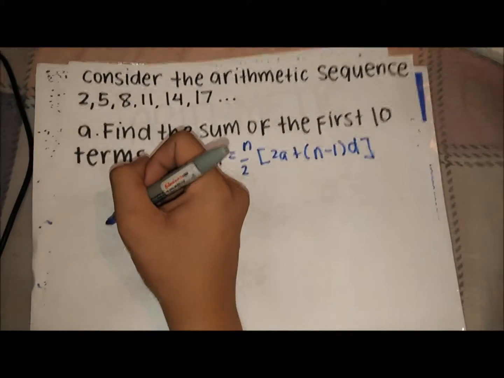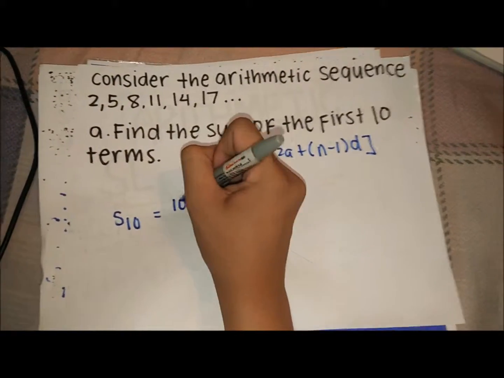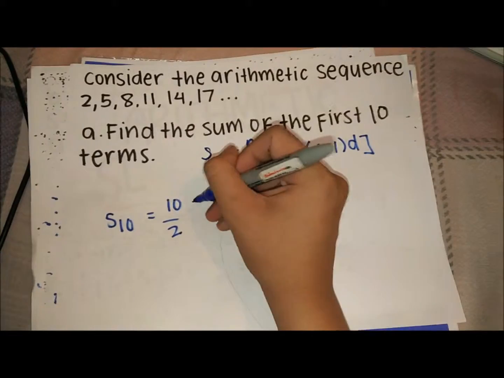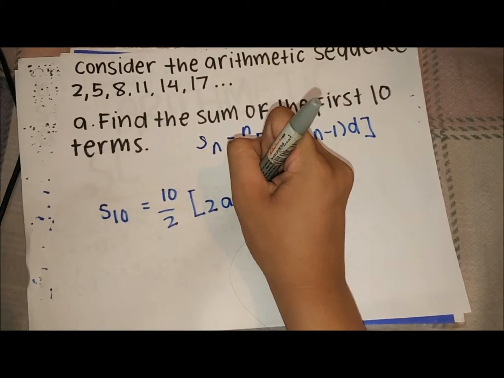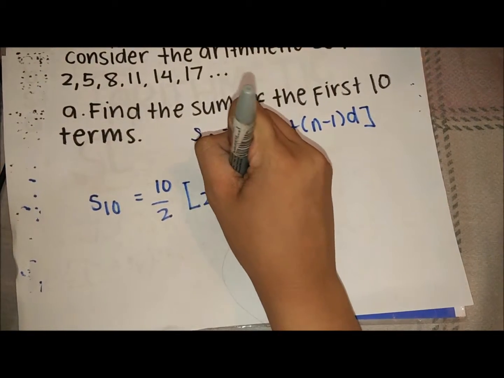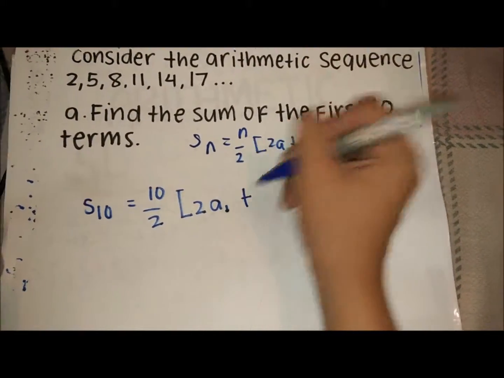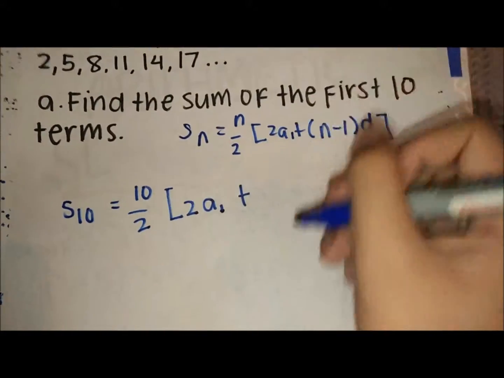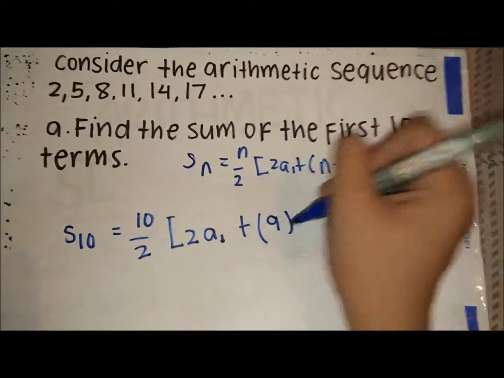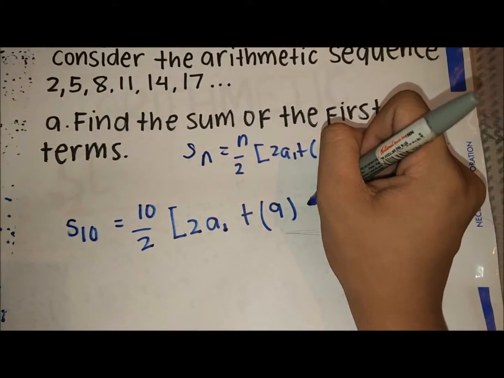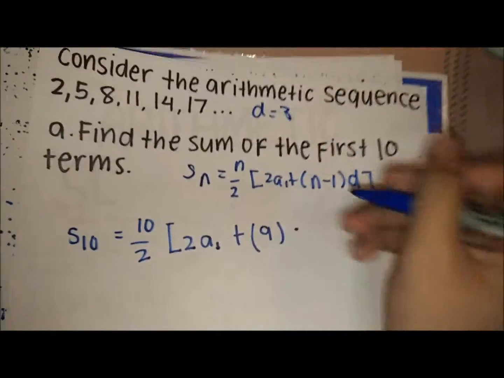So, I need to find the first 10 terms. S sub 10 is equal to 10 over 2 times 2a sub 1 plus 10 minus 1, which is 9, times the common difference, which is 3.